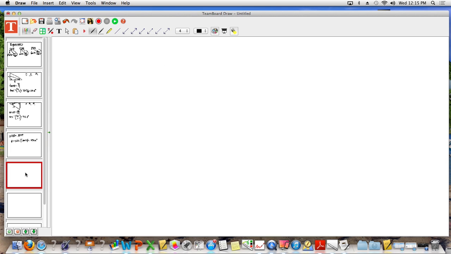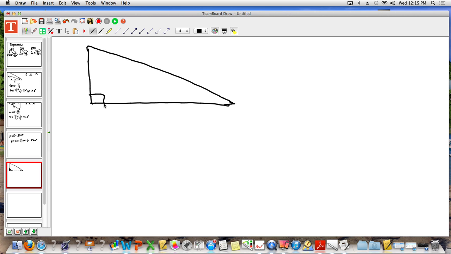Okay, another example. Draw yourself a triangle. Here's your right angle. Let's say that this is 22 degrees. And let's say that this side over here is 4.